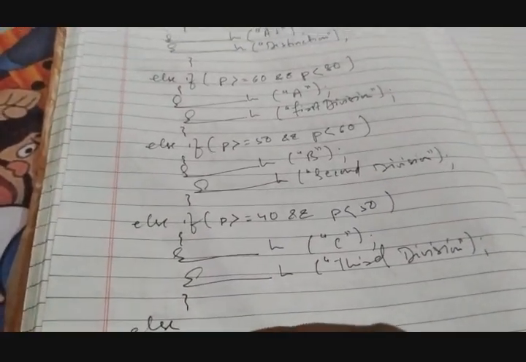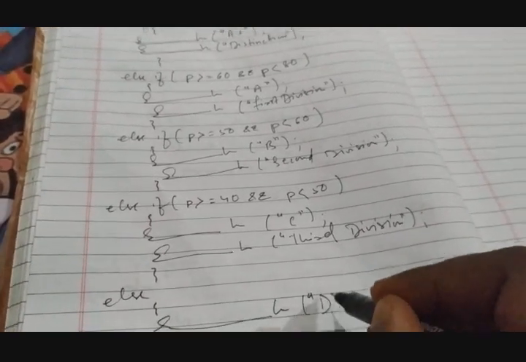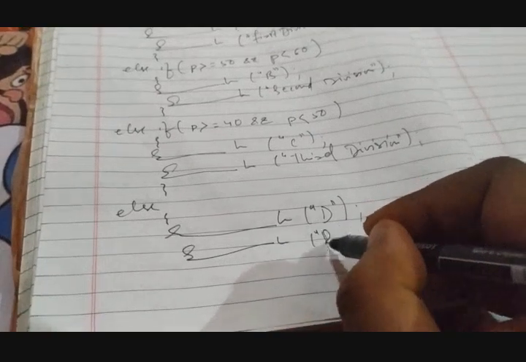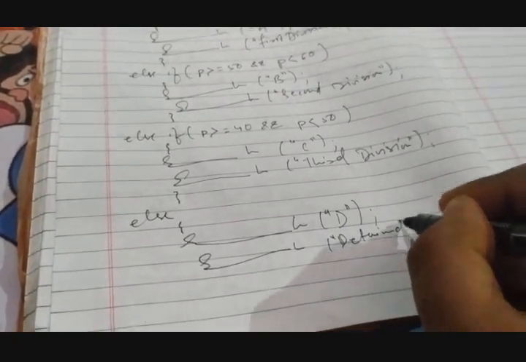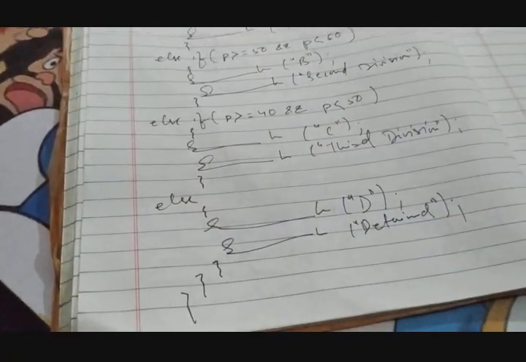Else below 40, then the grade is D and so on, detained. Else close, main close, class close.